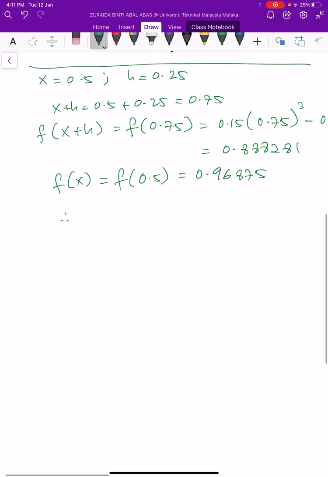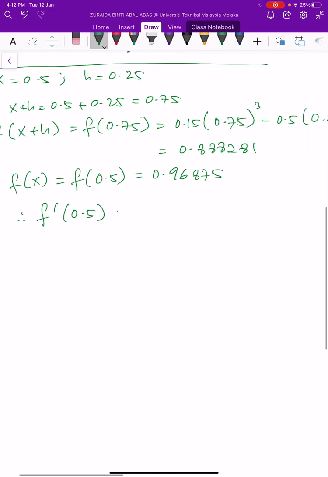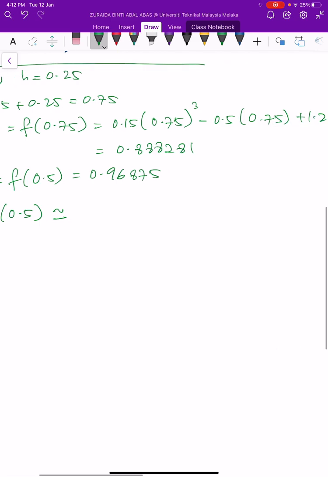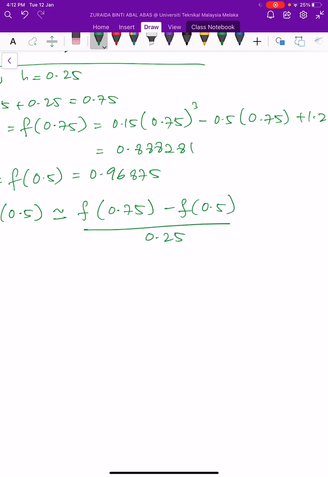Therefore, your first derivative at x equal to 0.5, approximately, for h equal to 0.25, is f of 0.75 minus f of 0.5, divided by 0.25.